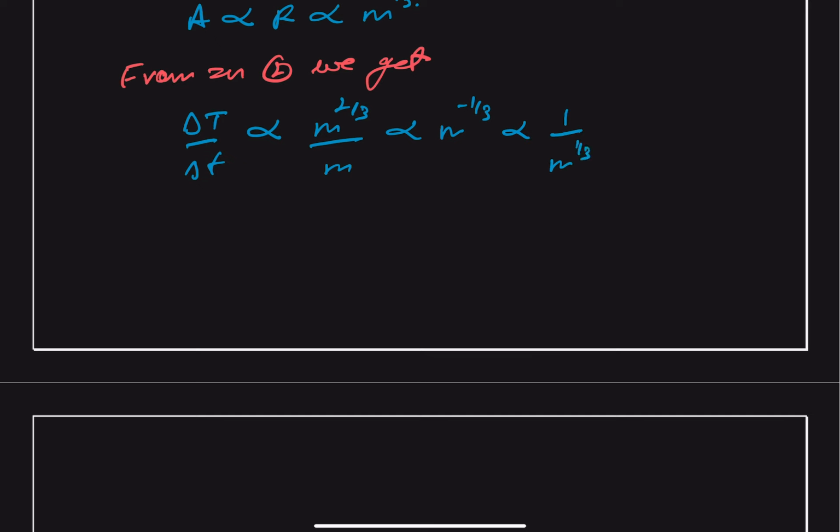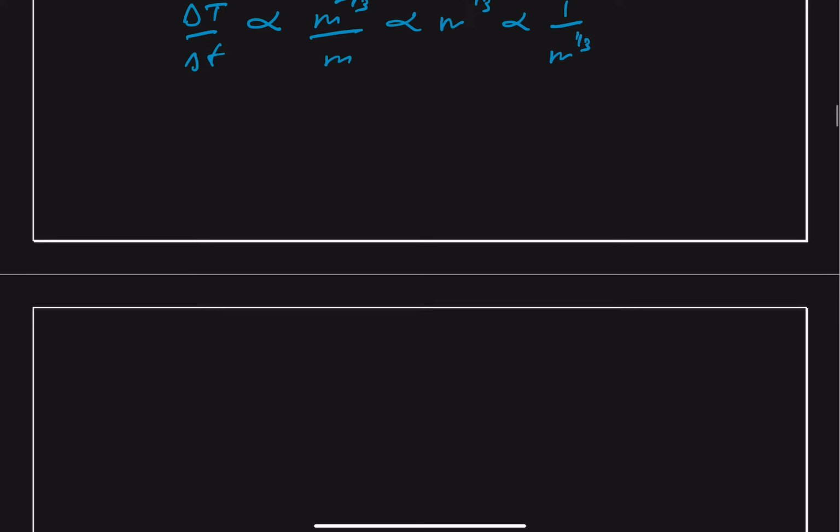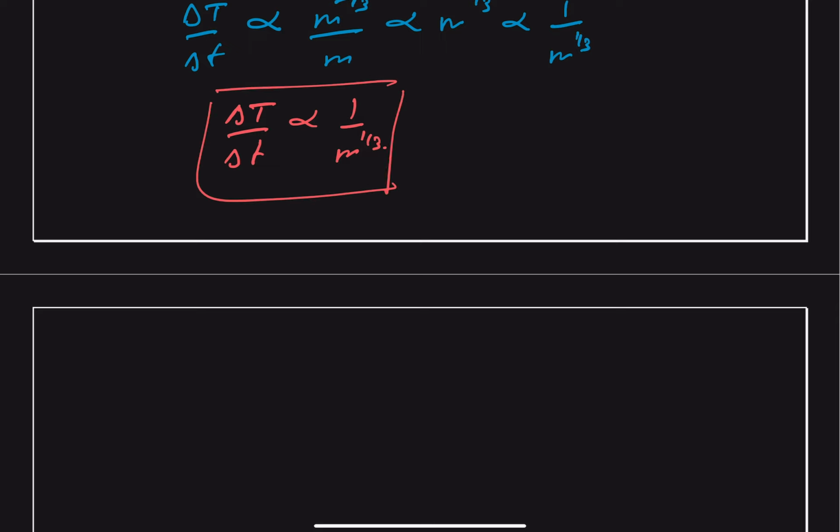Therefore, we have to find the cooling rate for both the spheres. So let me write it separately. Delta T upon T is proportional to 1 upon m raised to power 1 by 3. And this relationship will be true for both sphere 1, that is S1, as well as sphere 2, that is S2.